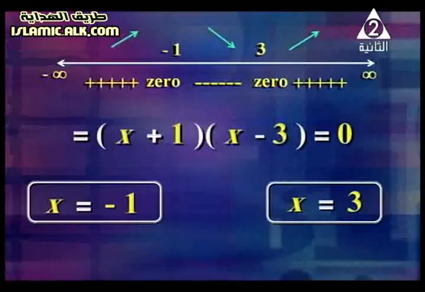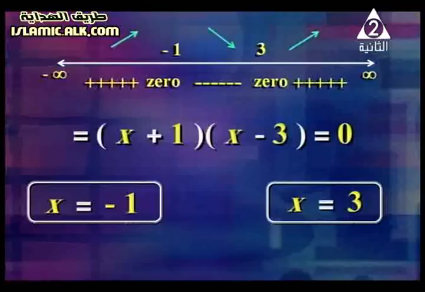Look at the first interval from negative infinity to negative 1. When we investigate the sign of f dash x, it must be more than 0.